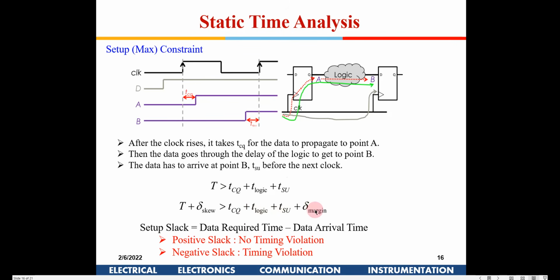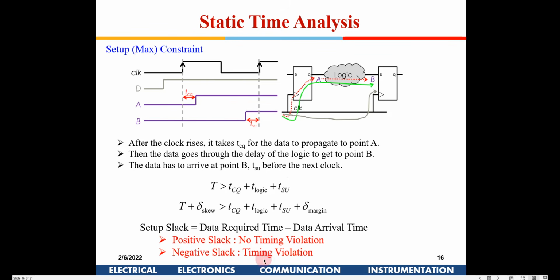Then we have something known as setup slack. Data required time minus data arrival time. Data required time is this, T, and data arrival time is this. If you take the difference, it has to be positive, and if it is positive, then we say there is a positive slack available and there is no timing violation.